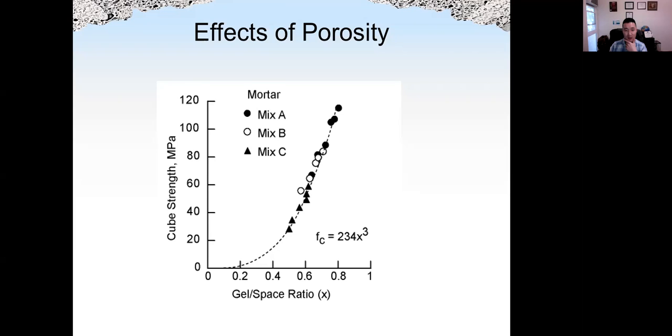So the gel-space ratio X is equal to 1 minus the porosity P. Similarly, the higher the gel-space ratio, or the lower the porosity, the higher the strength. The limiting case, when the gel to space ratio is 1, the strength will be around 234 megapascals for concrete. So when the concrete has zero porosity, the strength is around 234, the limiting value.